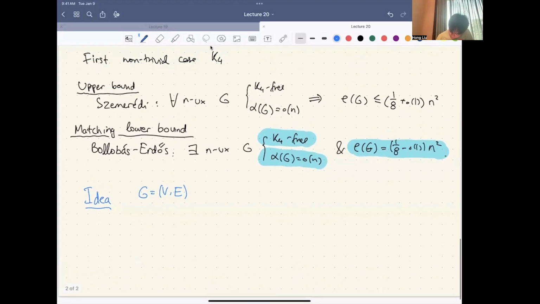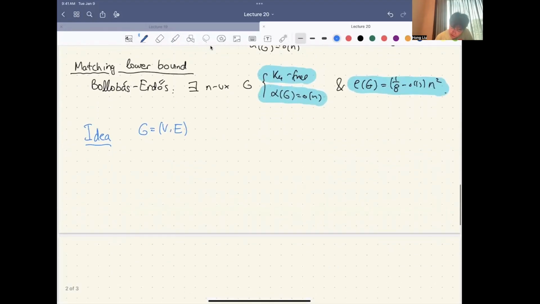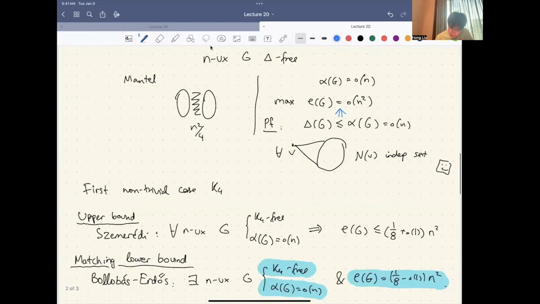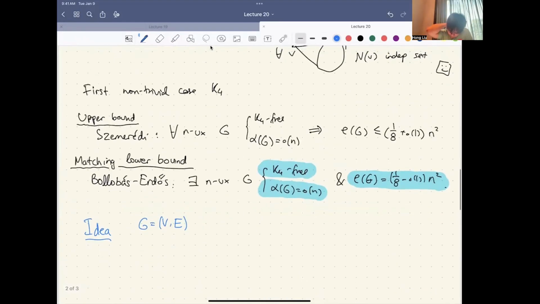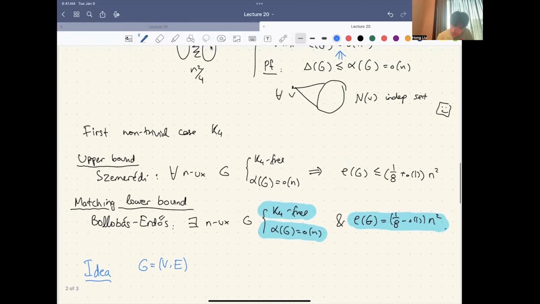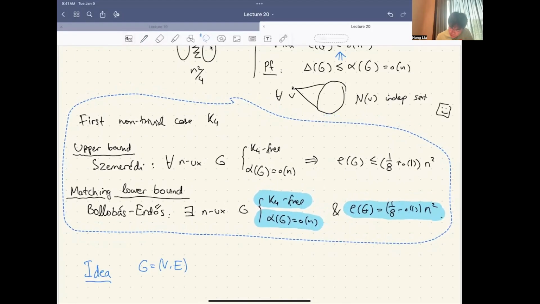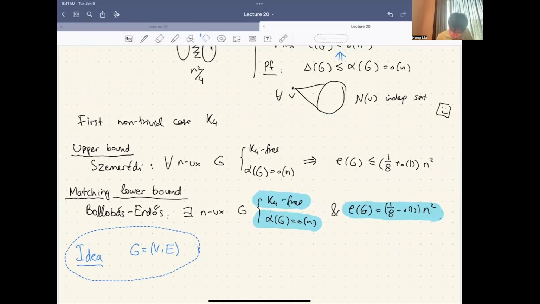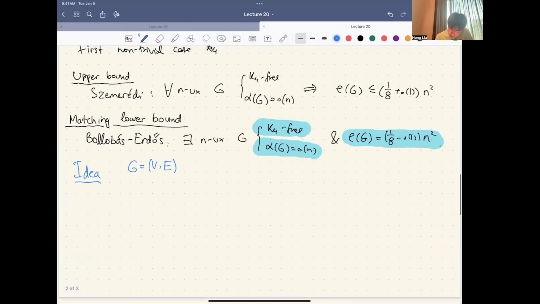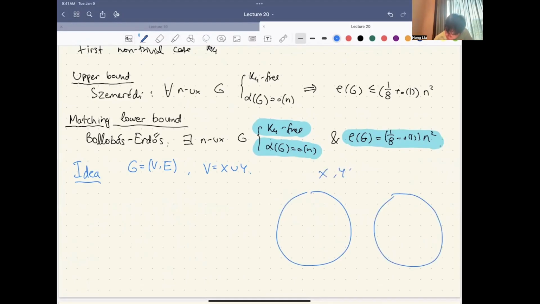So as I said, the vertex set V consists of X union Y, where both X and Y are isomorphic to a high-dimensional real sphere.